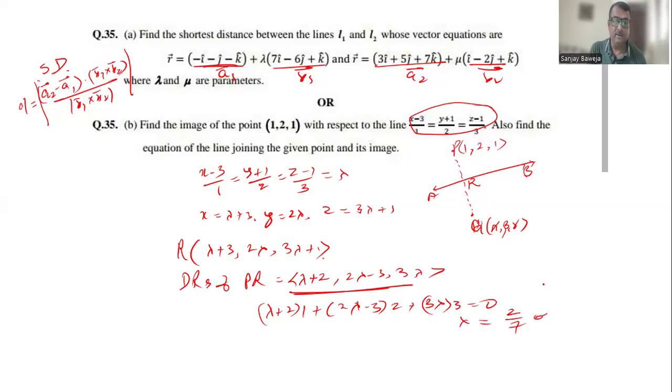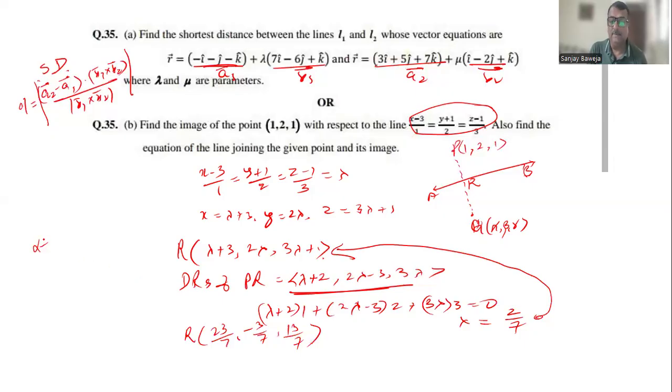You will put the value of lambda, 2 by 7, in this R. You'll get the coordinates of R as 23 by 7, minus 3 by 7, and 13 by 7. Now R is the midpoint of PQ.